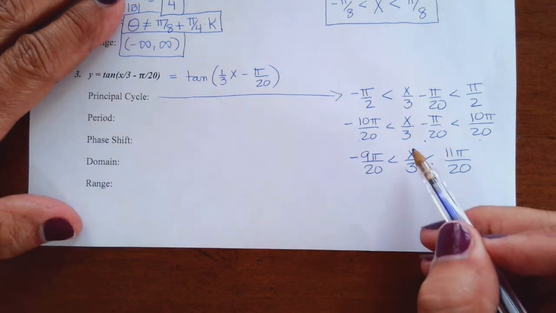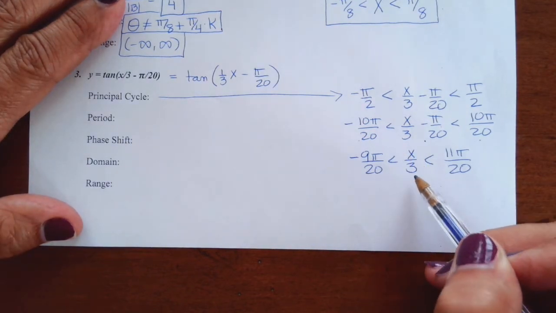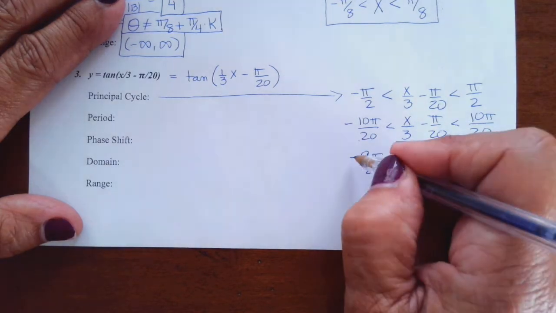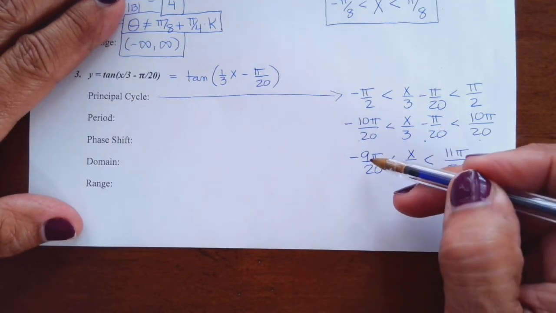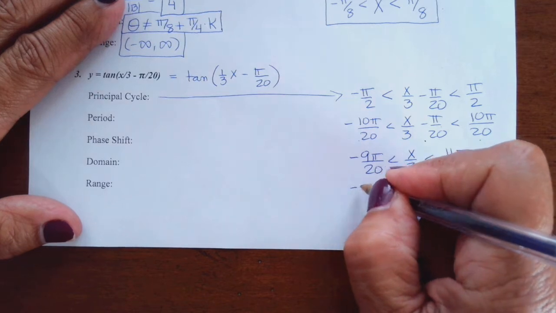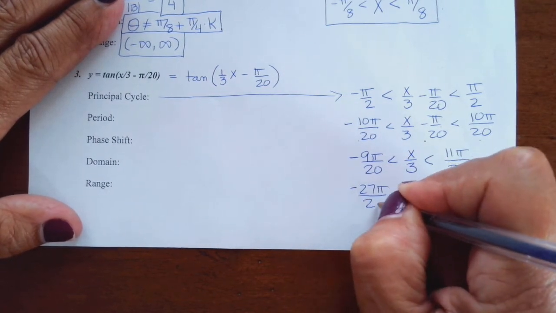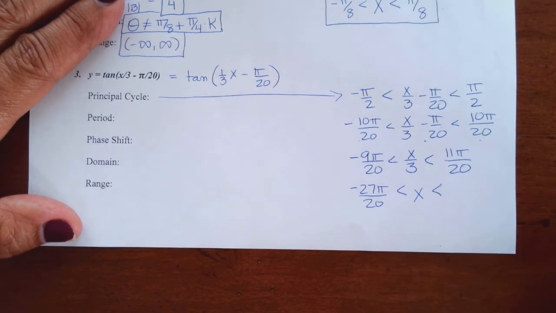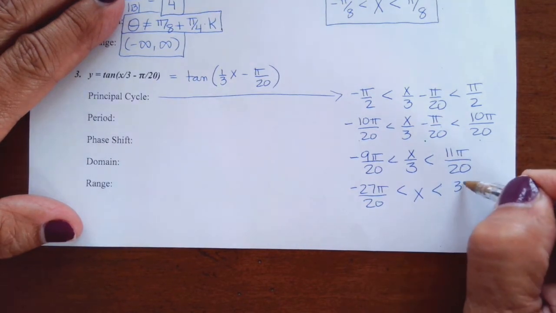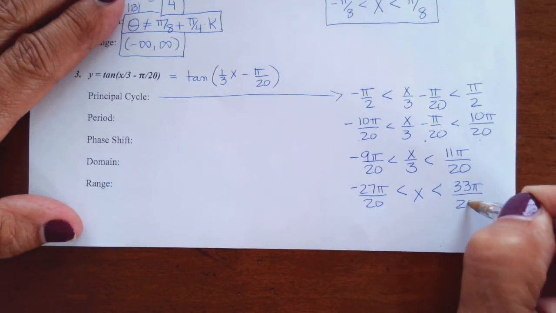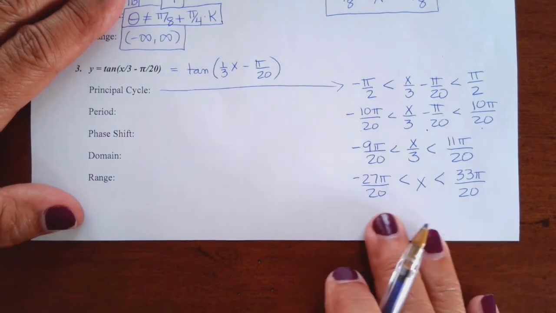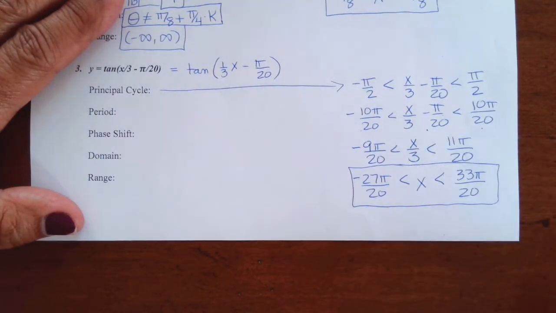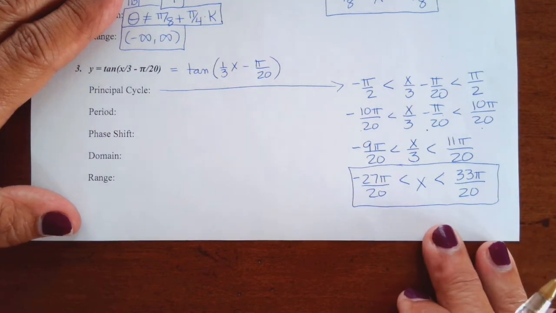All right, now, solving for x, so to get rid of dividing by 3, we're going to multiply everything by 3. So negative 9 times 3, that's negative 27 pi over 20. If we multiply this by 3, we have x. And if we multiply this by 3, we get 33 pi over 20. None of those things can be reduced. If you could reduce them, you need to reduce them. That's it. So that's a crazy principal cycle, but that's what it is.